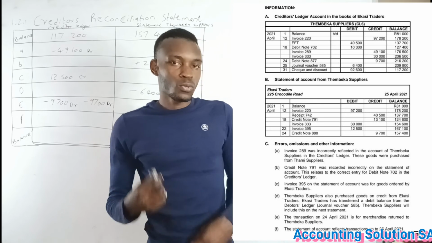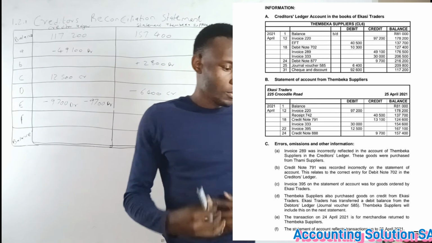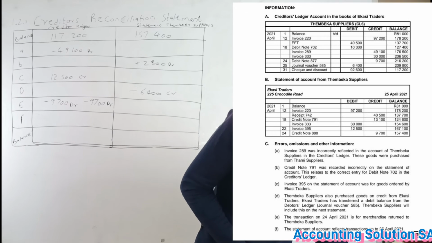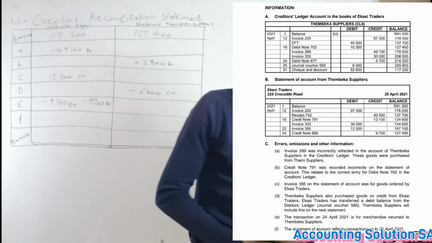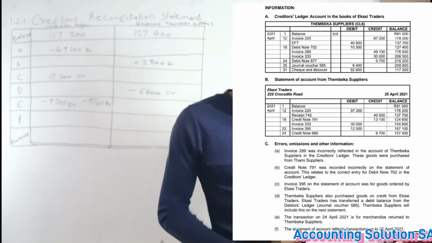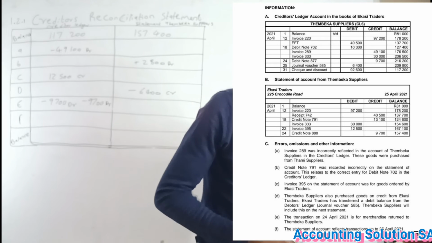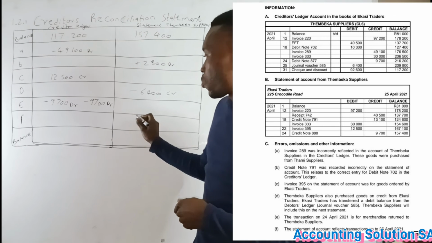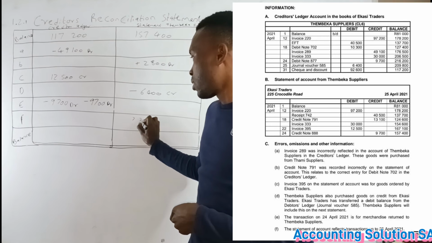Okay, all right, so the last part, guys, is very simple, which is number F. So number F, they said that the statement account reflects a transaction up to 25 April 2021, which means that in this one, we don't know how much it is, because they didn't give us any amount.